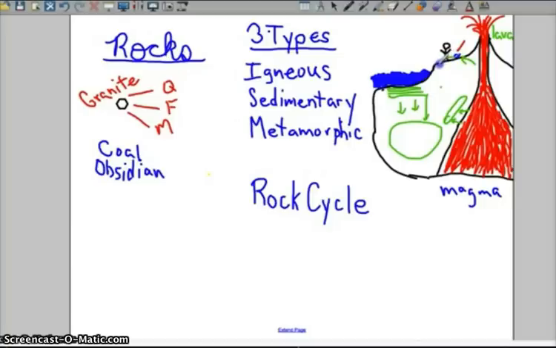This lava can turn into igneous rock, that turns into sedimentary rock, that can turn into metamorphic rock, that can turn into the lava, which will make it igneous rock again. So you have what's called the rock cycle.